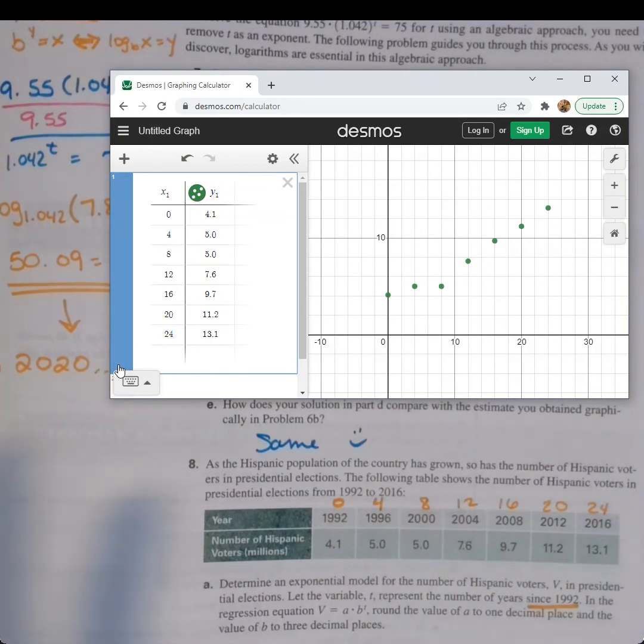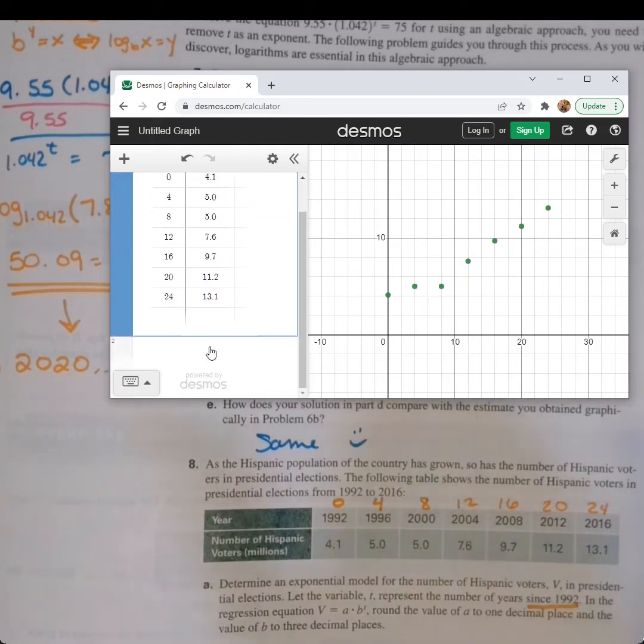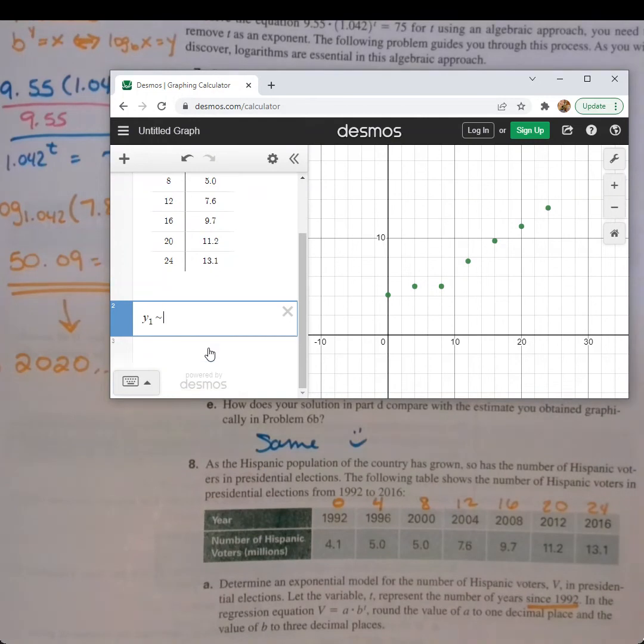They could have asked me, like they did in the last question, if I thought linear or exponential was going to be better. So this piece of it looks pretty linear, but if I did a linear with all of it, it's not going to fit too well. Exponential is characterized by slow growth followed by more rapid growth, and this slow area is maybe going to push it to exponential. So we're going to do what they've asked us to do and find an exponential model.